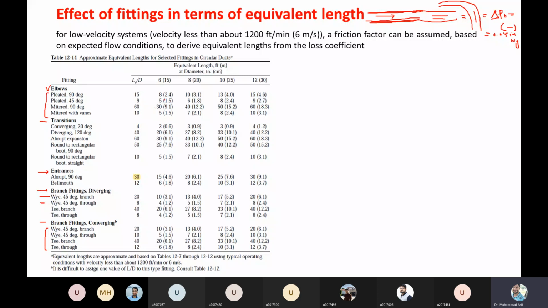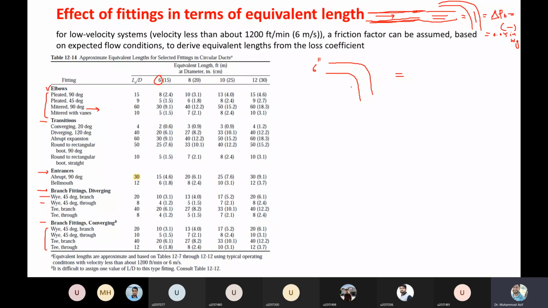Let me give you an example. Let's say we have a 90-degree elbow, and the diameter of the elbow is 6 inch, and I want the equivalent length.